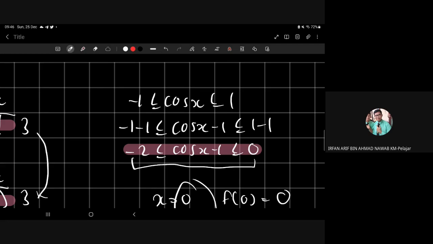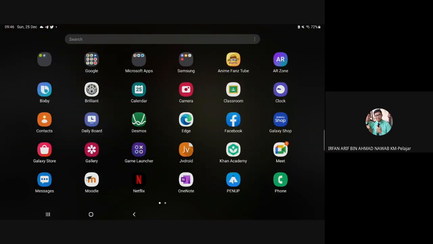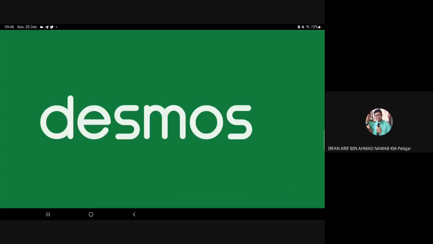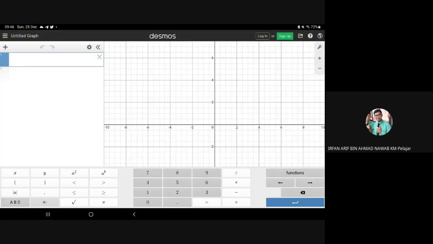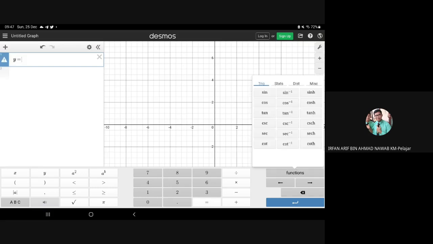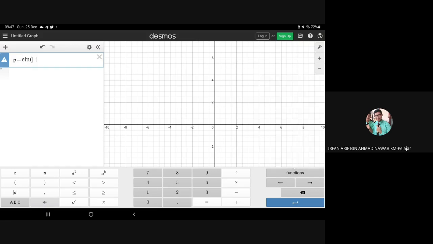So if I share my screen on Desmos, let me share on my tablet here. Okay, so let's see for sine of x. Y is equal to sine of x.